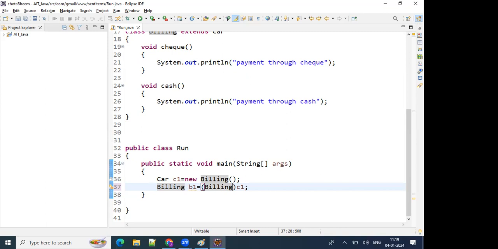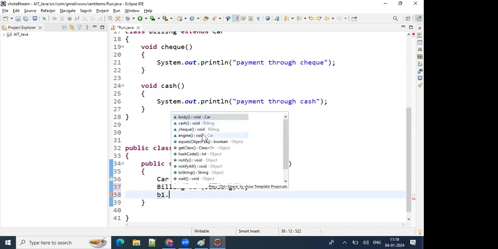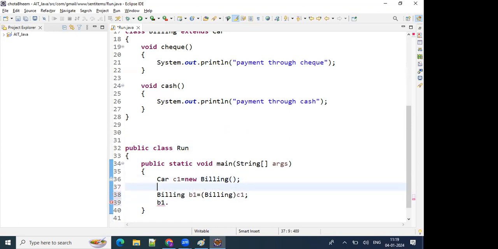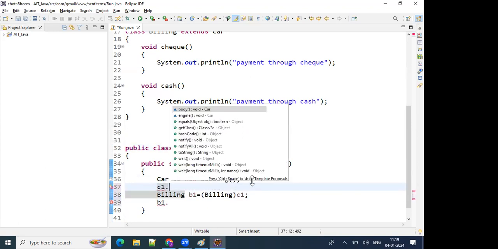Understanding this? So when you do downcasting, what happens? All the methods you can see. Again it is reactivated. It was hidden, no? So when you see the C1 reference, you can see only two methods, only car methods, body and engine.